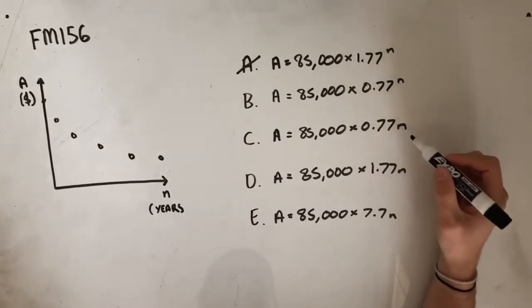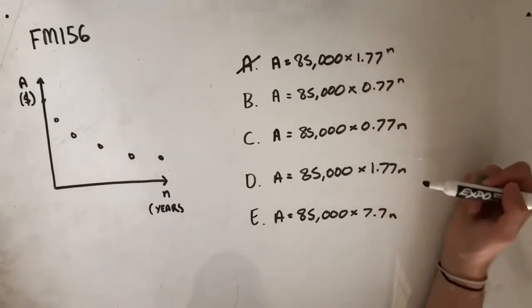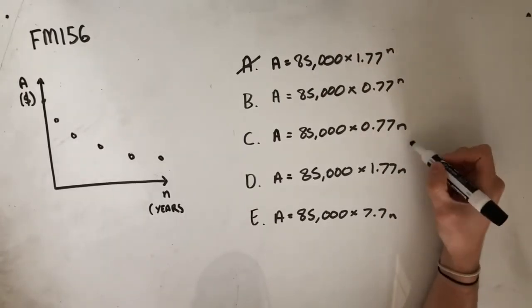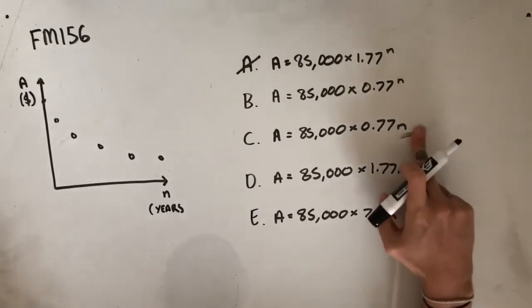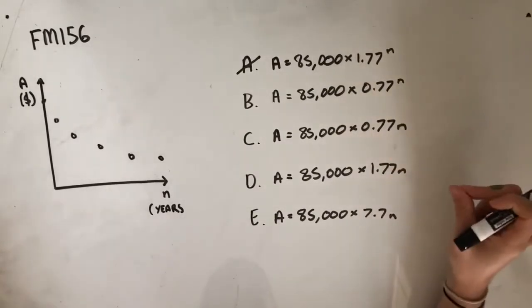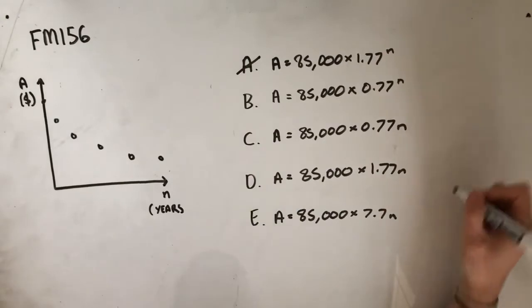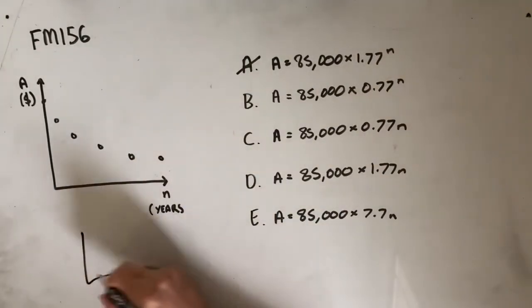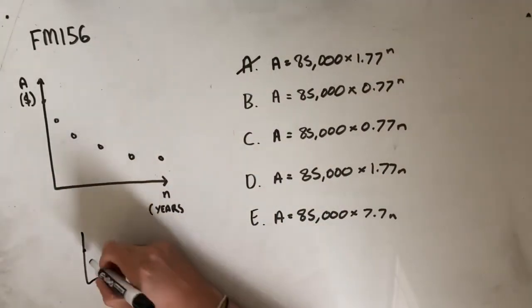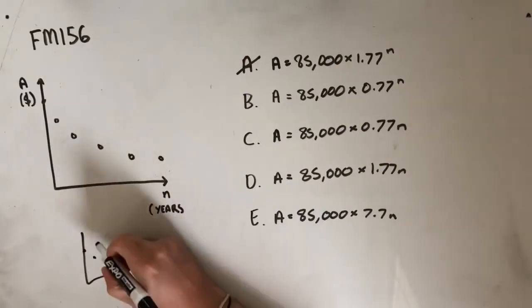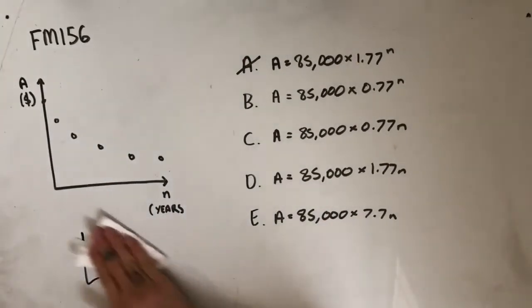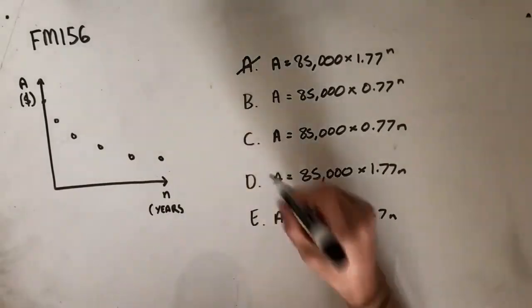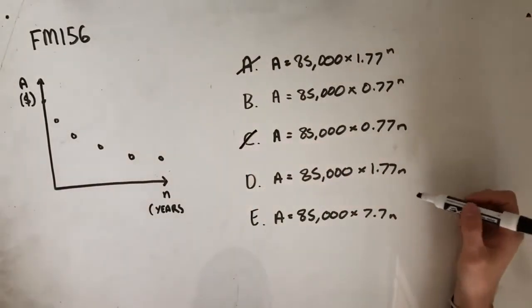When n is 1, we'll have 77% of 85,000. But then when n becomes 2, this number will change to 1.54, and we'll have a 54% increase on 85,000. So our graph, if we were to draw it out, is going to start at 85,000, move down, and then move up. So definitely not what we're looking for, and for that reason, option C is also incorrect.